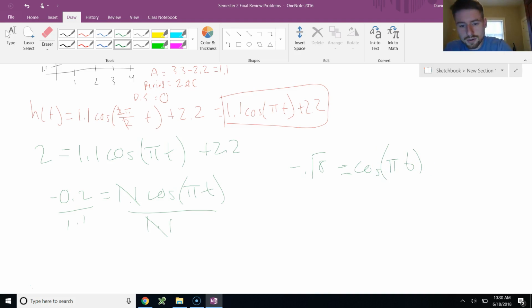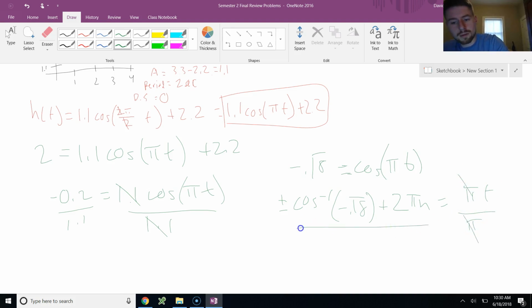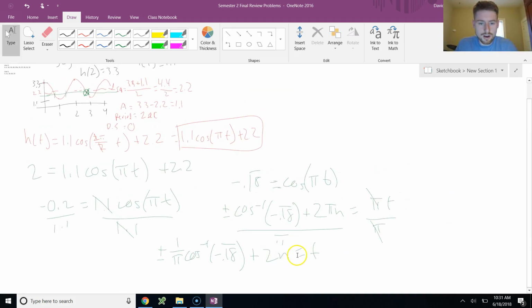Now we take the inverse cosine: plus or minus inverse cosine of negative 0.18 repeating plus 2 pi n equals pi t. Divide by pi, and that gets us plus or minus 1 over pi cos inverse of negative 0.18 repeating plus 2n equals t. So those are all of our equations, all of the times.